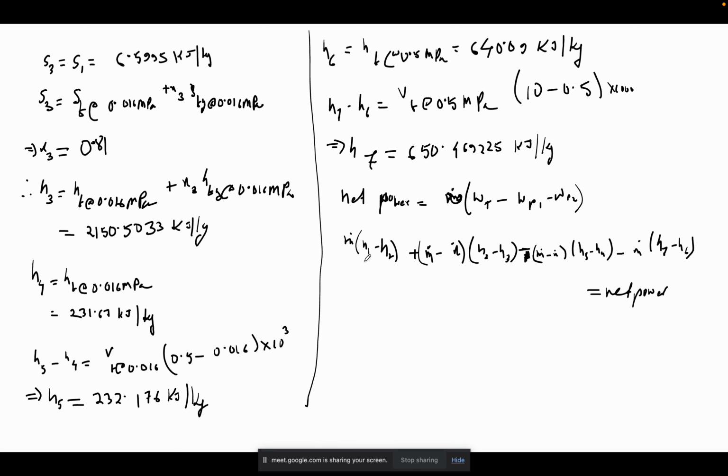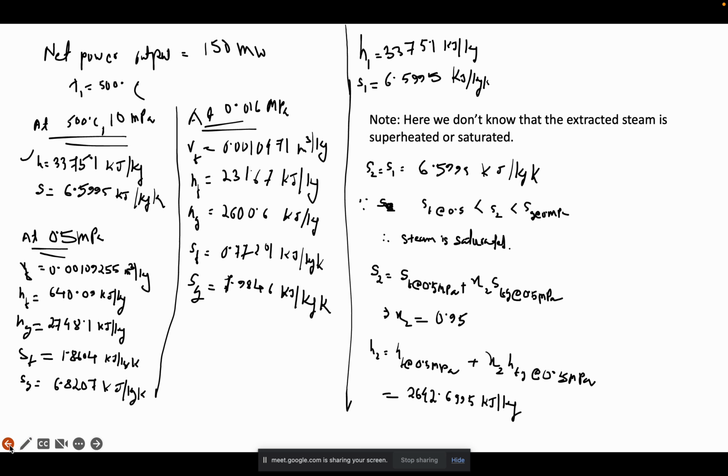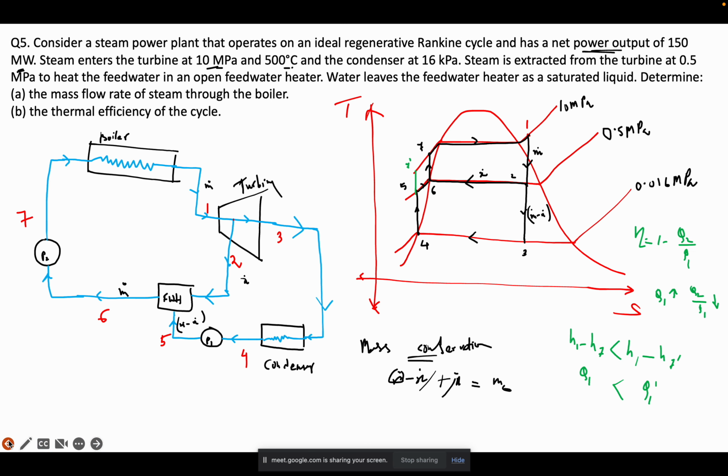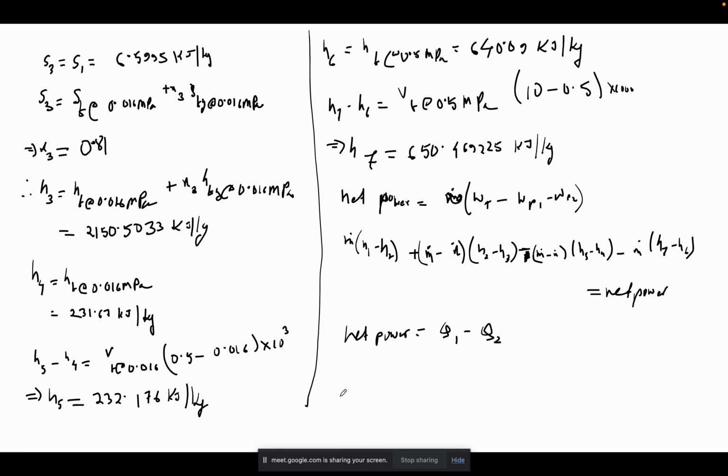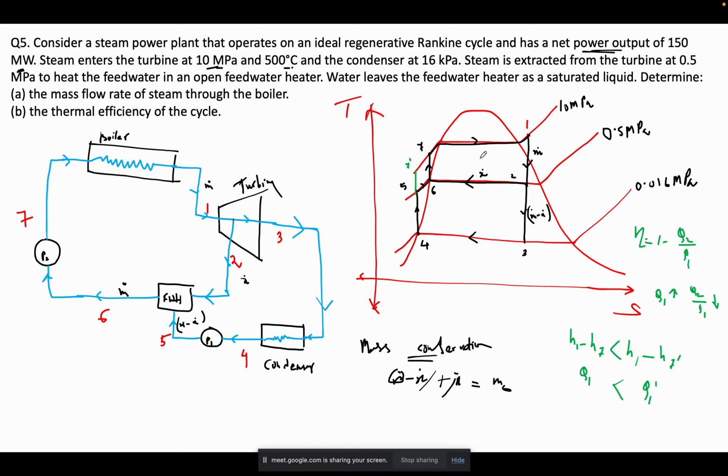Remember, we know all the values of h1 and h2, we don't know m dot and x dot. So this is your net power 1 and this is your equation number 1. So you have two unknowns, so you need one more equation. One more net power formula is what? Q1 minus Q2. Okay, so then what will be my Q1 minus Q2? For Q1, my mass flow rate is m dot, yes or no, and for Q2 my mass flow rate is m dot minus x dot.